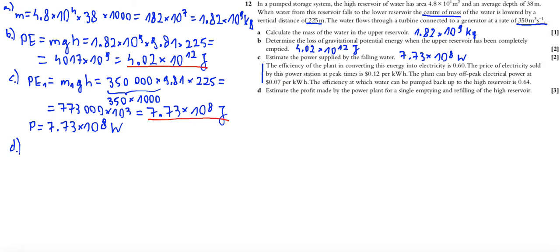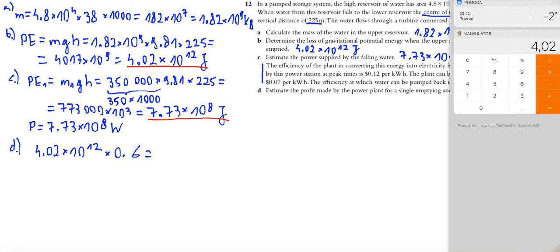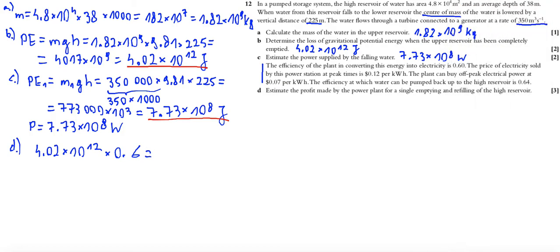Okay, so we have to find the amount of electricity produced. It will be total energy times 0.6. So 4.02 times 0.6 gives us 2.41 times 10 to the power of 12 joules of electrical energy which is produced when water falls. Okay, we have to convert this into kilowatt hours.